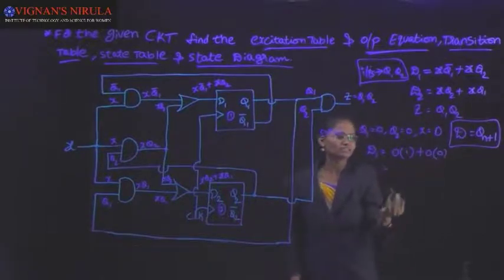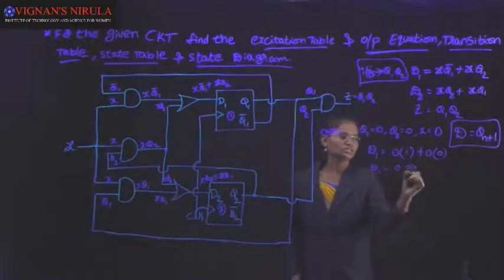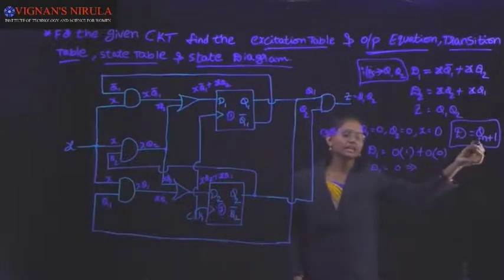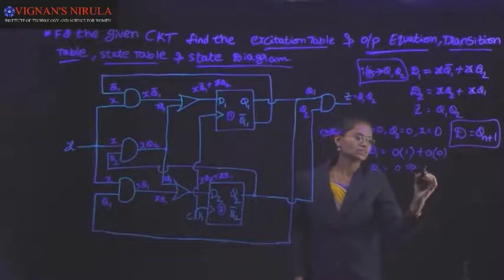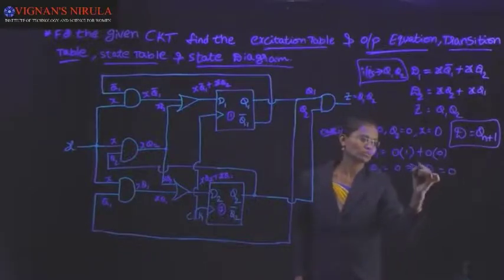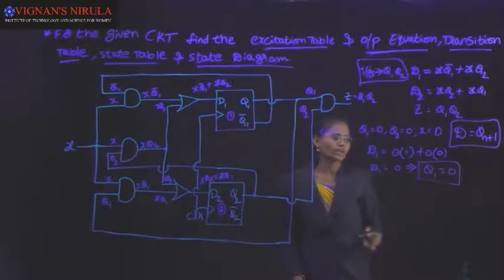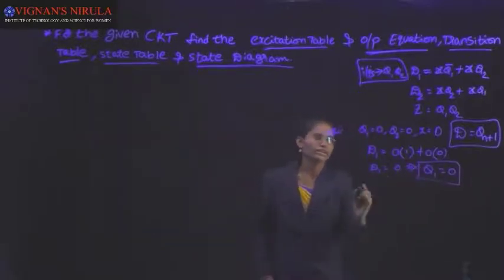Finally 0 into 1, that is 0, plus 0, that is 0. This is given to the next state, that is D1 equal to Q1, that is 0.